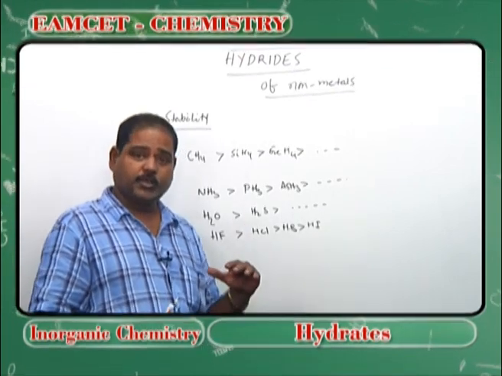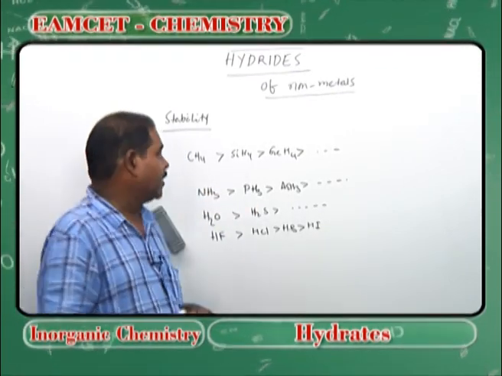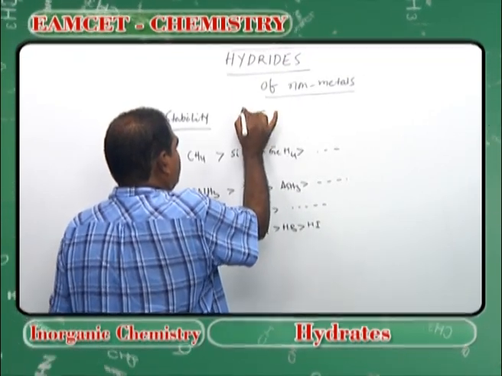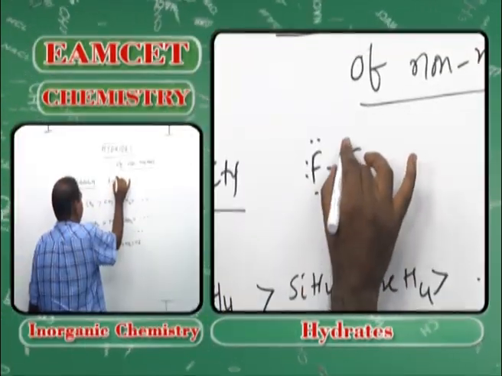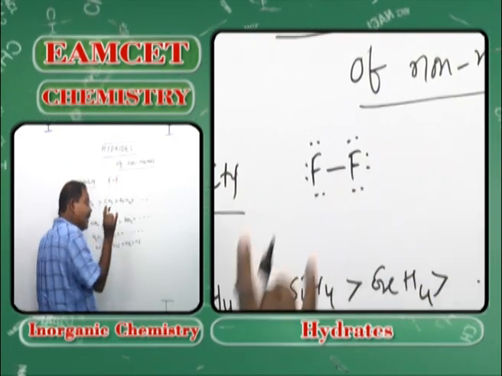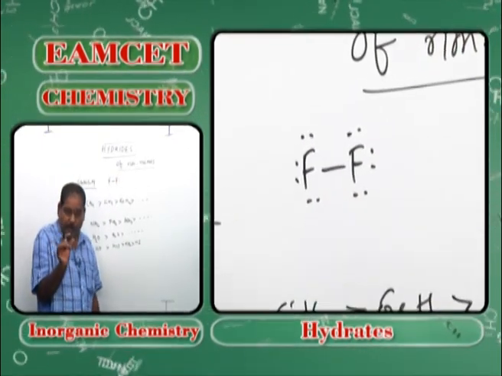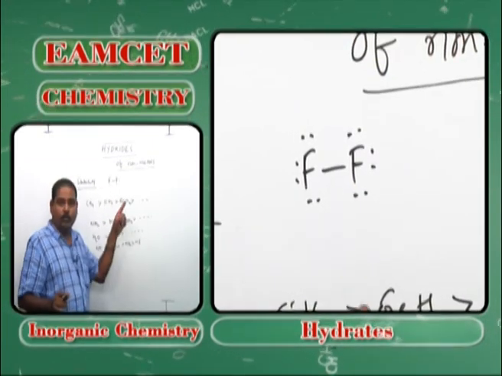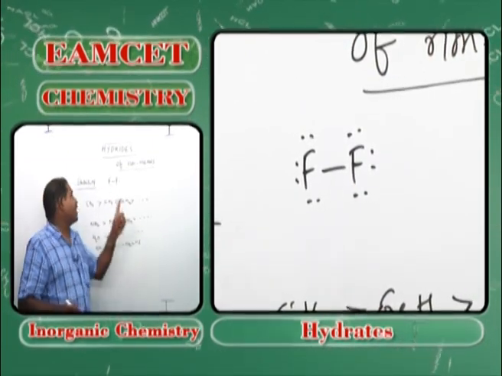But what about halogens? That is a different ball game altogether. F2, the FF bond is very short, but there are too many lone pairs in too little space, because fluorine is a small atom. So, the bond strength does not depend on attractions alone. Repulsions also matter.